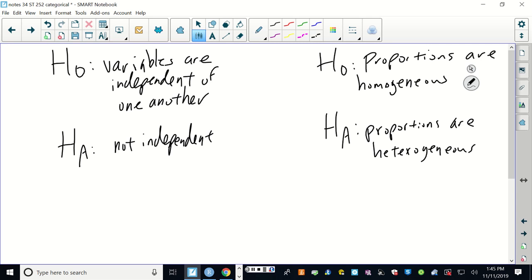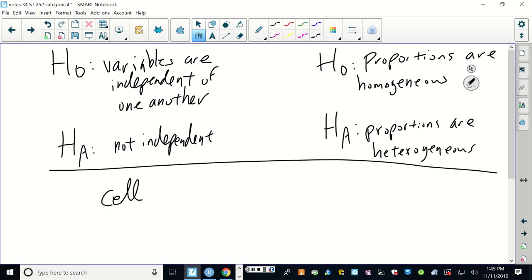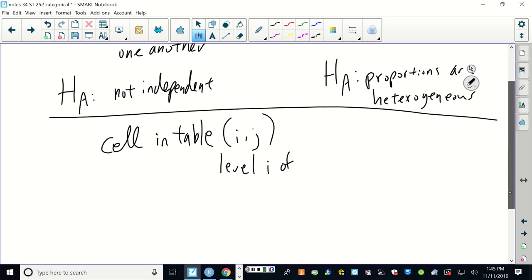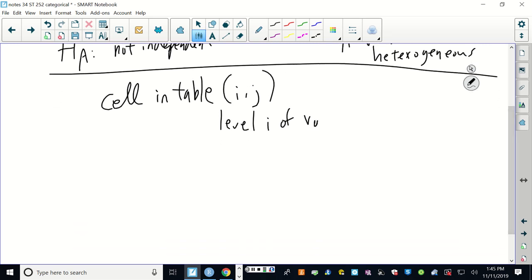Implication of this independence, right? So we are going to have a cell in the table, I, J. So it's going to be level I of the first variable and level J of variable 2.